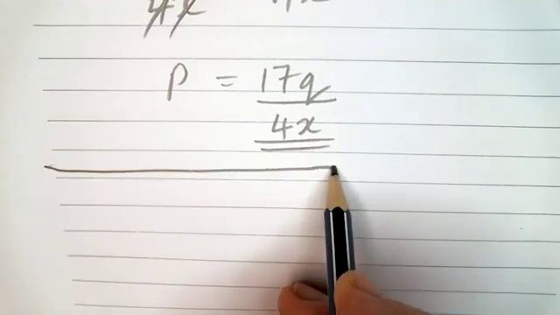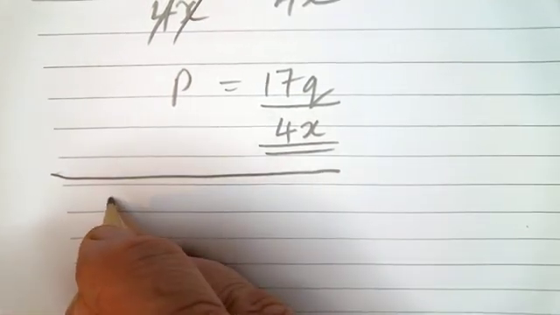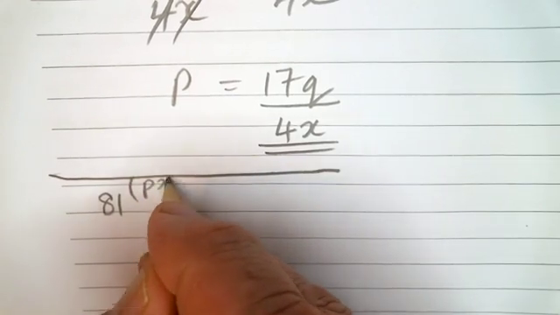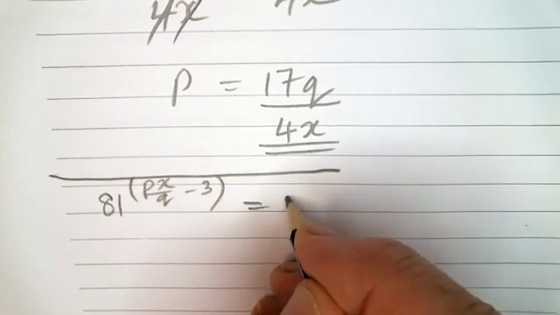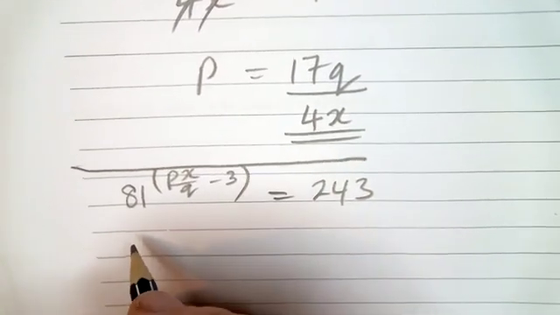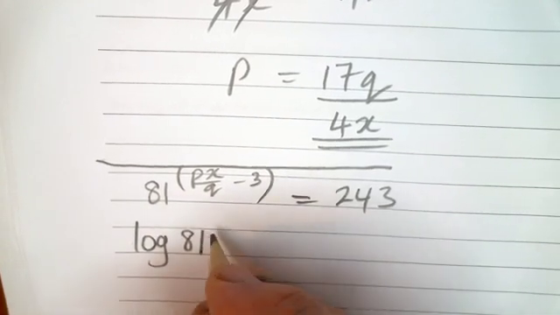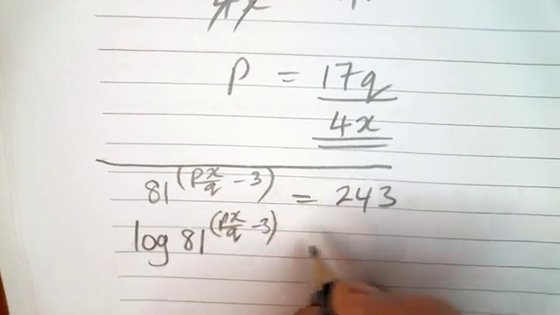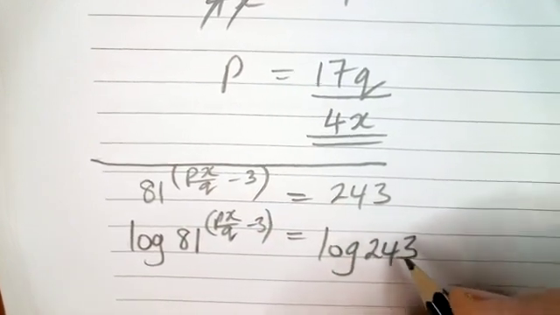We've got 81 to the power of px on q minus 3 is equal to 243. Now, if I find the logarithm of both sides, I'm just going to be restating this as log of 81 to the power of px on q minus 3 is equal to log of 243.